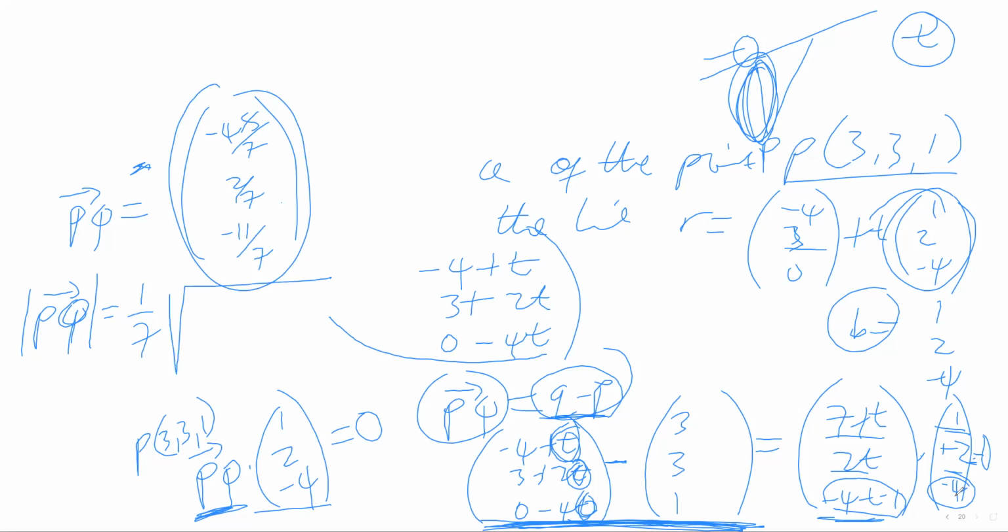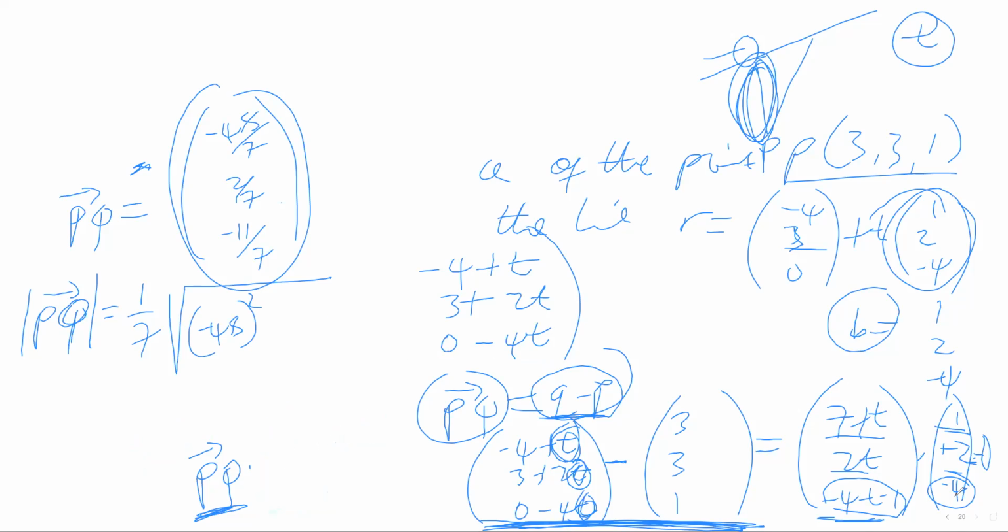And then I get negative 48 squared, plus 2 squared, plus negative 11 squared.